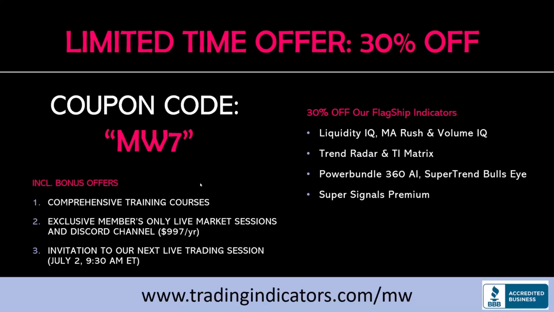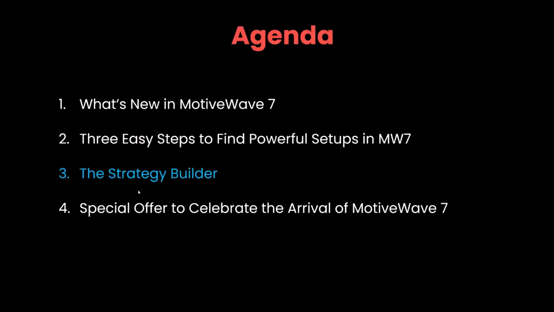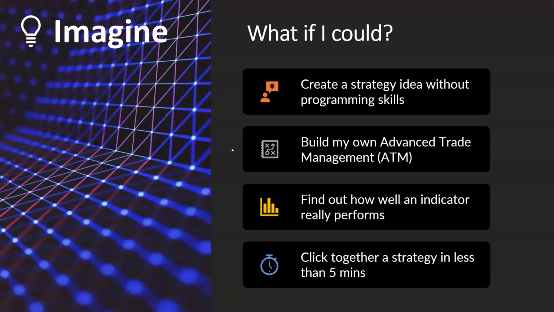And with this, let's move on to the third step of this presentation, strategy building. How can we automate our ideas so that MotiveWave will trade fully automatically for us? Well, just imagine, if you will, for a second, what if you could create a fully automated strategy without any programming skills, simply by clicking it together?